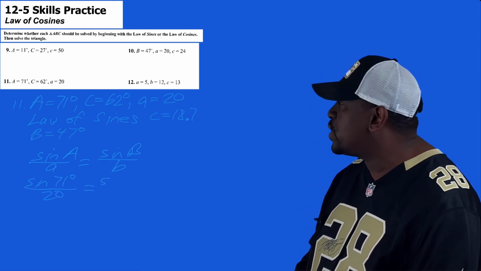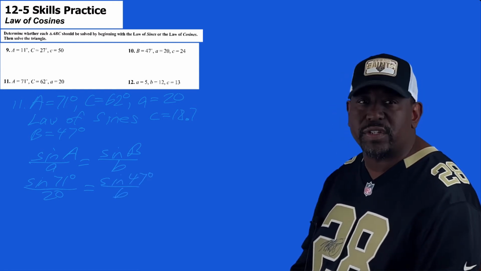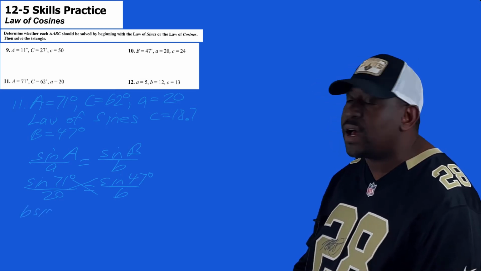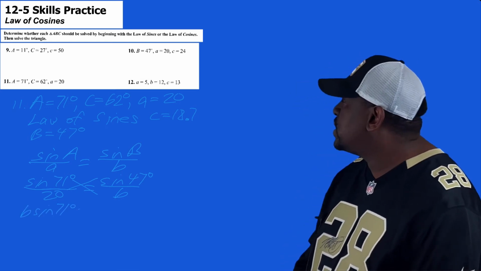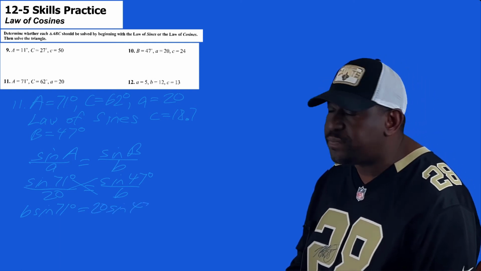Sine 71 degrees over 20 is equal to sine 47 degrees over side B. We cross multiply, and we get B times sine of 71 degrees is equal to 20 times sine of 47 degrees.